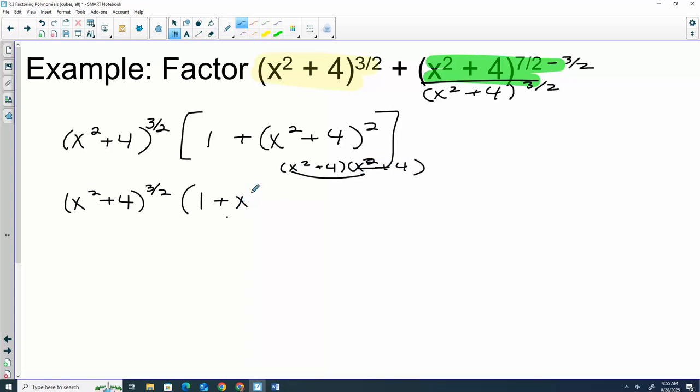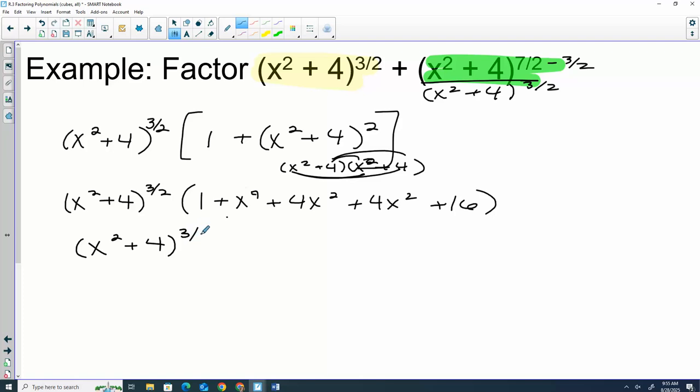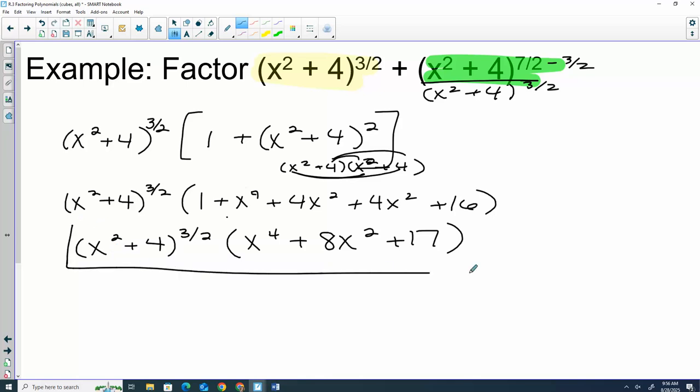So we get x to the 4, plus 4x squared, plus 16. Combine like terms. This is like a quadratic. Is there anything that multiplies to 17 and adds to 8? No, so that's our final answer.